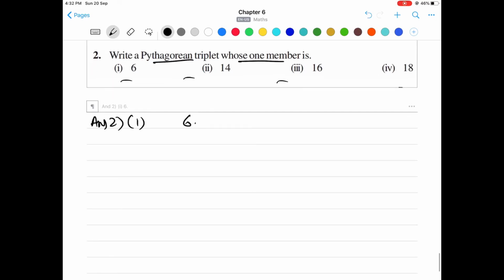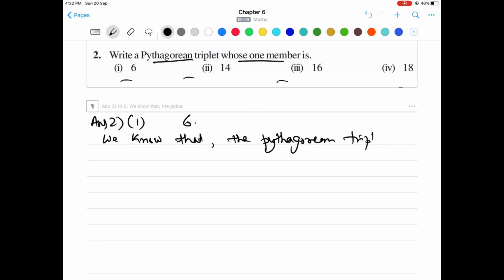First we'll write, we know that the Pythagorean triplet is given by 2m, comma, m square minus 1 and m square plus 1.